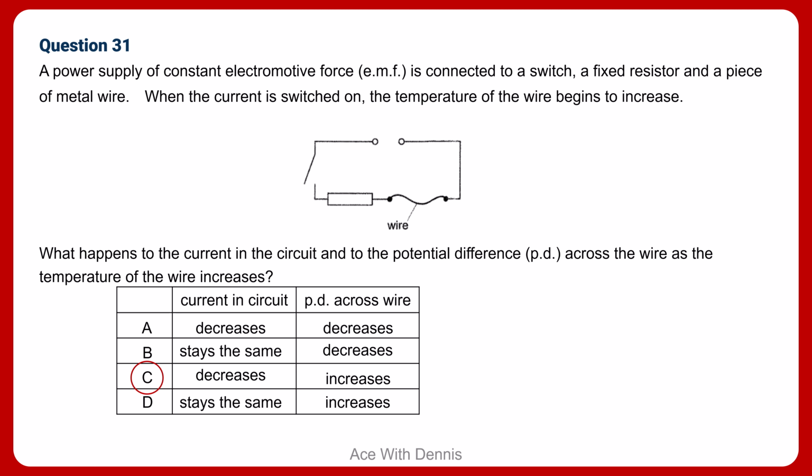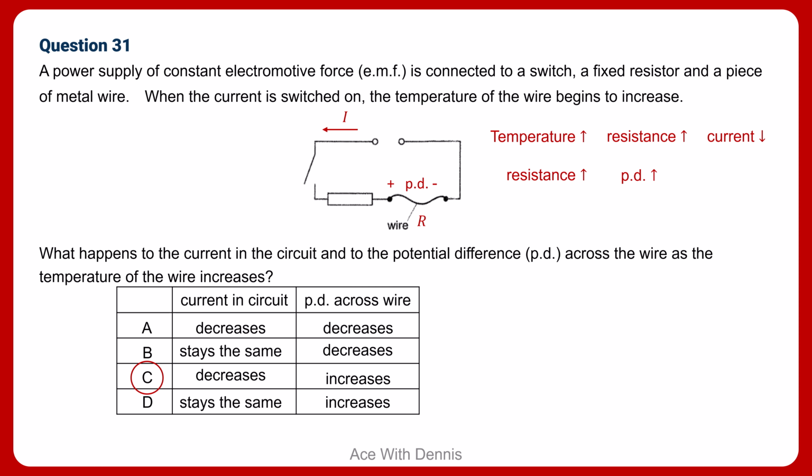The answer is C. Current in circuit decreases, PD across wire increases. So when the temperature increases, the resistance of the wire increases. Hence, the current flowing in the circuit decreases. On the other hand, when the resistance increases, the potential difference across the wire increases.